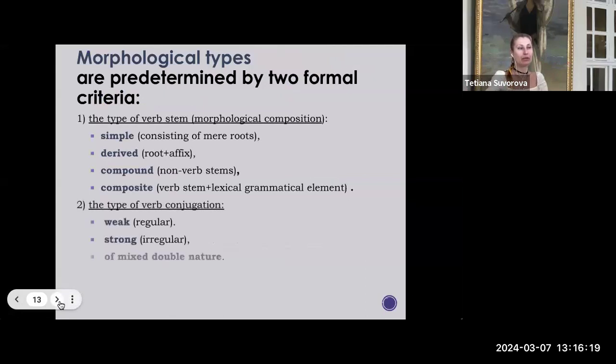So then, if we speak about the structure, the morphology, you remember about the structure of the word, the elements which compose the verb. Then we can characterize verbs in both Ukrainian and English as simple, so without any prefixes, suffixes, no affixes, consisting of a mere root. For example, to write, to smile.